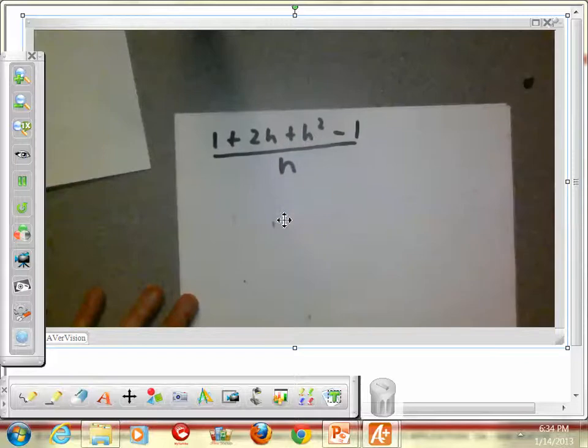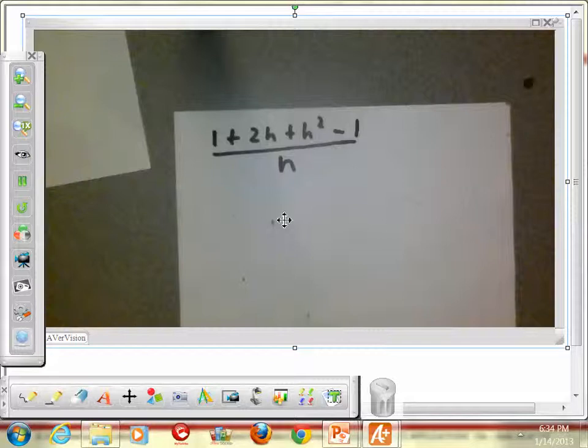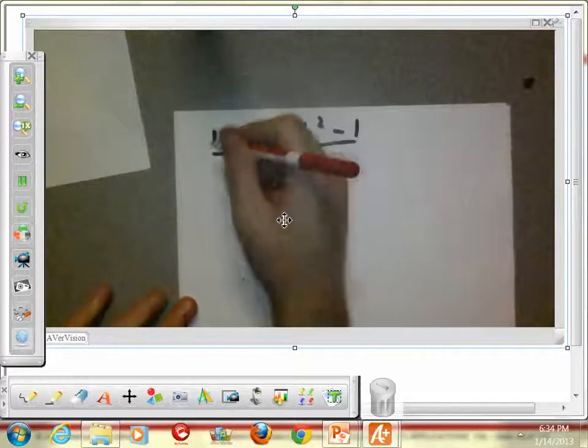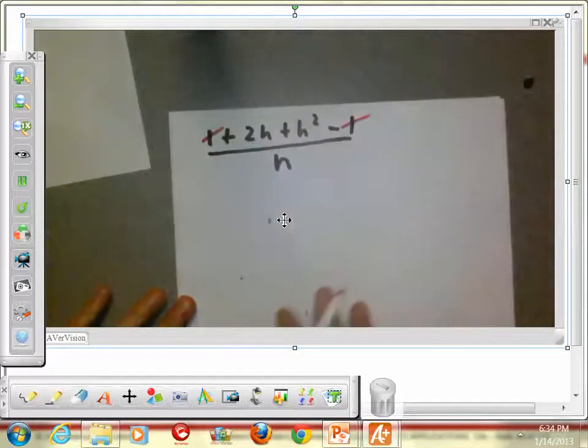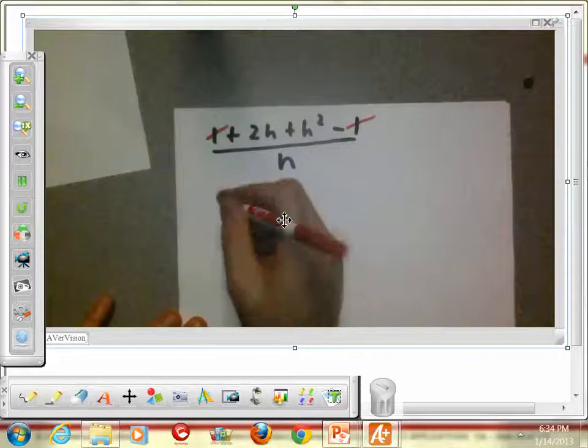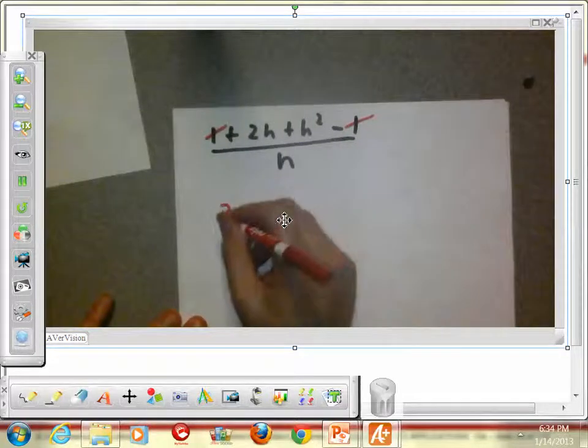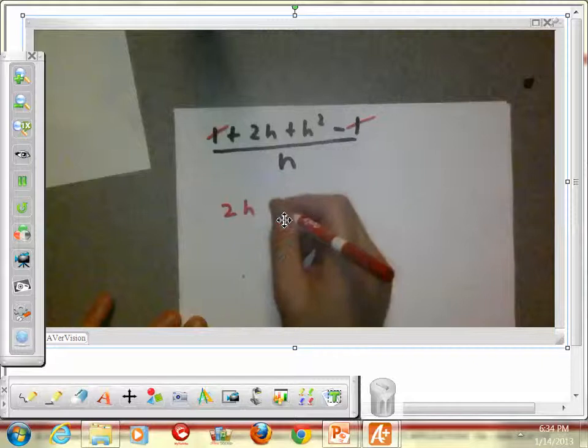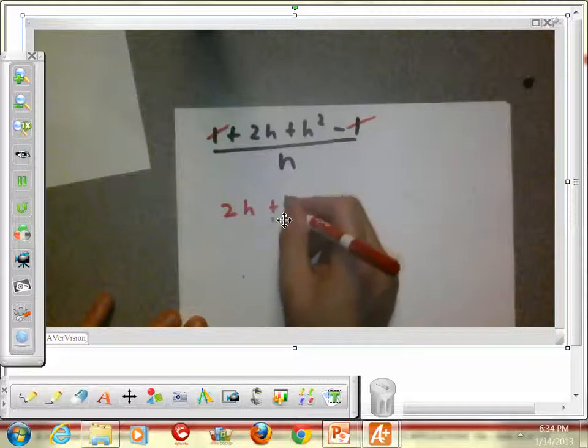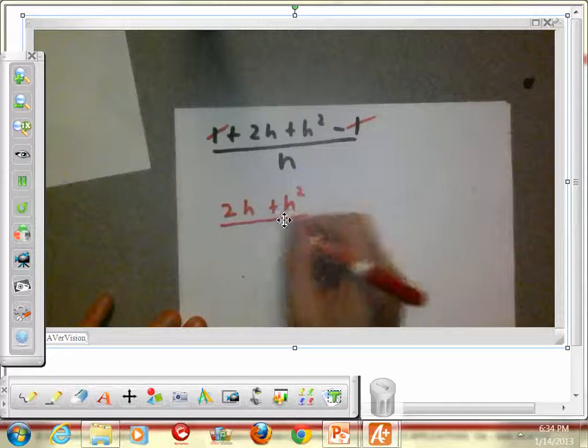The 1's cancel. And I wind up with 2h plus h squared divided by h.